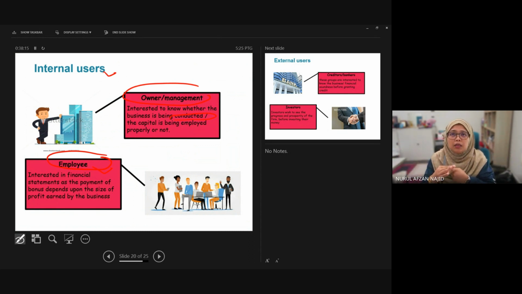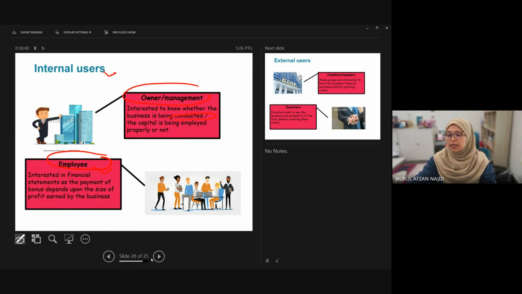Performance of the company. Kalau dapat loss setiap tahun rugi ni, adakah dia perlu membuat decision untuk keluar daripada company tersebut? Tapi kalau company tersebut setiap tahun dapat profit dia makin meningkat, takkan tak dapat bonus. So they are fighting for their bonus. That's why employee need to know about the financial statement of the company.